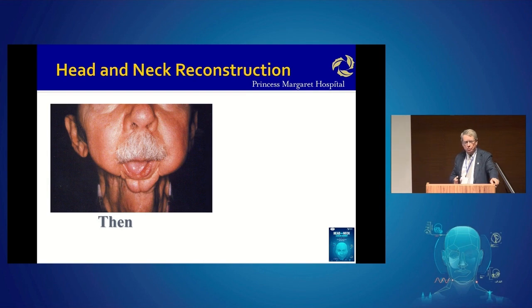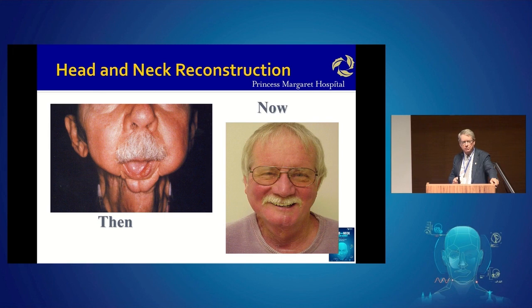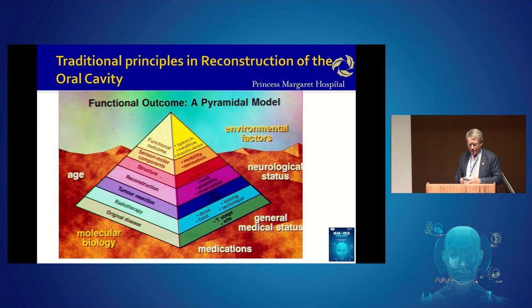So when we look at where we were 50 years ago when Jay started practice and where we are now, there's been a dramatic transformation in the outcomes for patients in terms of function. Today, the standard is comprehensive reconstruction of the oral cavity, mandible, and dentition. I think this slide, which was created by one of our speech pathologists in Toronto, really highlights the way we should think about functional outcome in oral cavity, and that it's complex, there's many factors, and it's not just the flap.